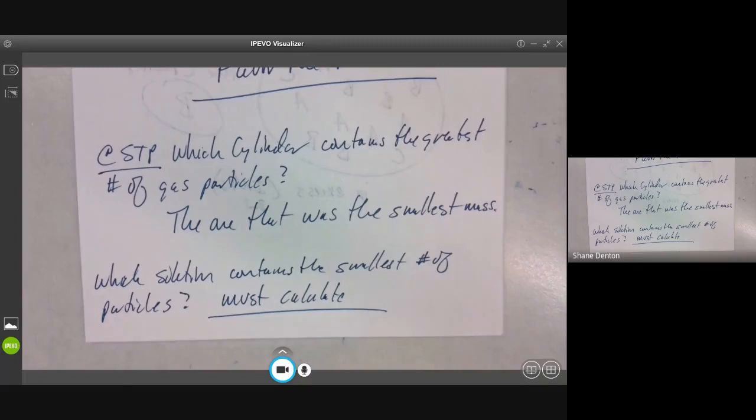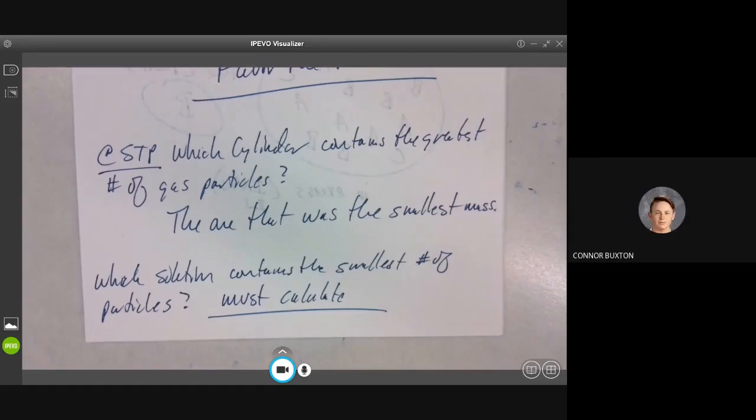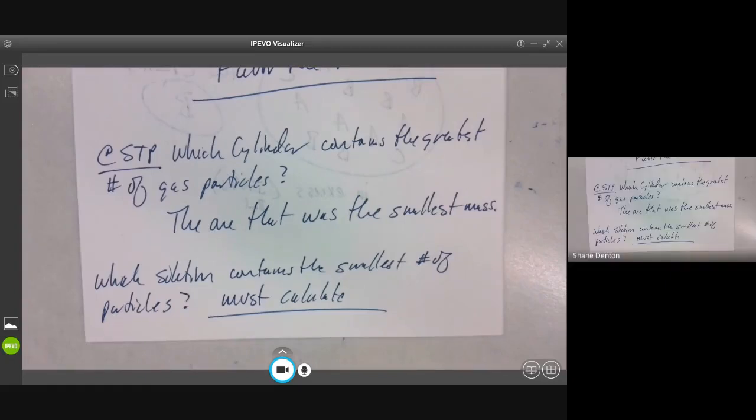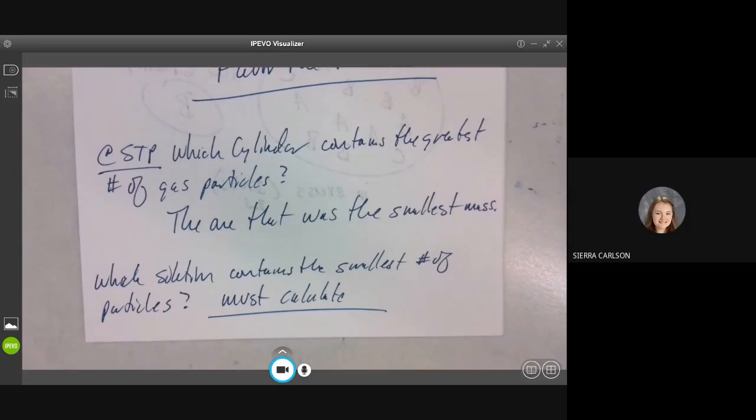Like if they were all molarities, I would just pick the one that has the, what, molarity, highest or lowest? Anybody know? I'm hearing both. What is molarity? Who remembers? It's the concentration.